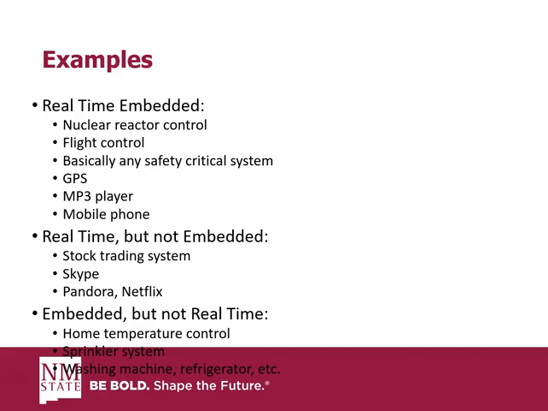In a sprinkler system, precise timing is not critical. In a refrigerator or washing machine, the embedded controllers are included in these appliances, but do not require real-time responses.